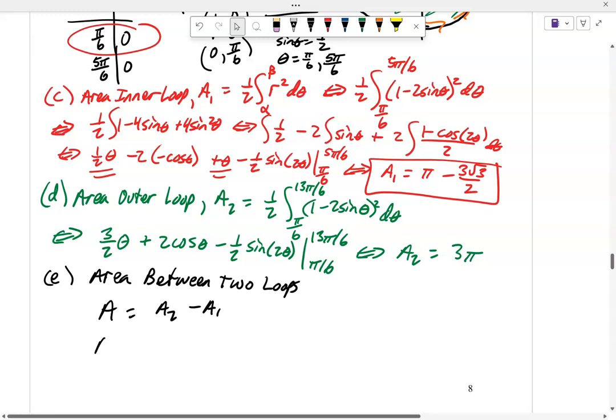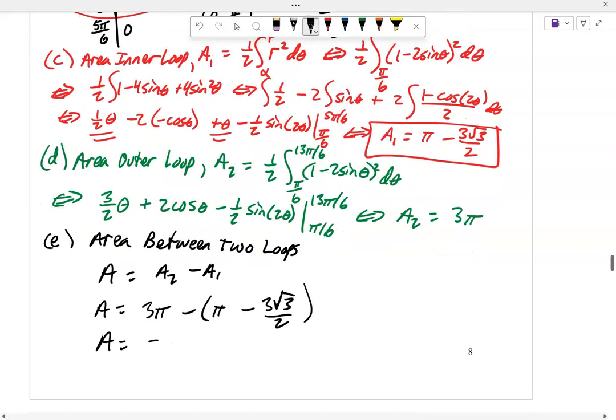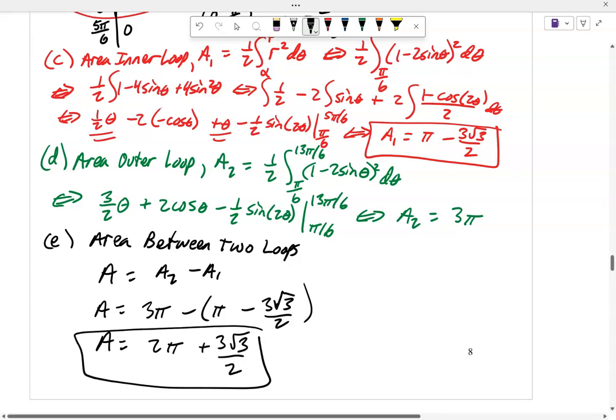So that would be 3pi minus pi, which is 2pi. There's our area between them, or about 8.881 if you punch that in.